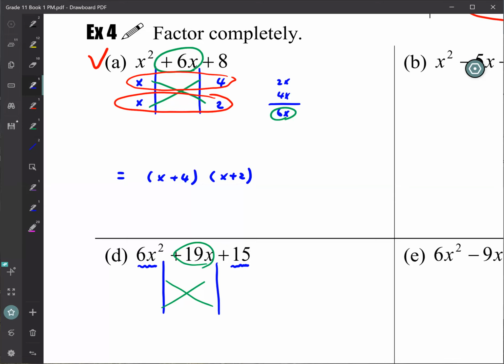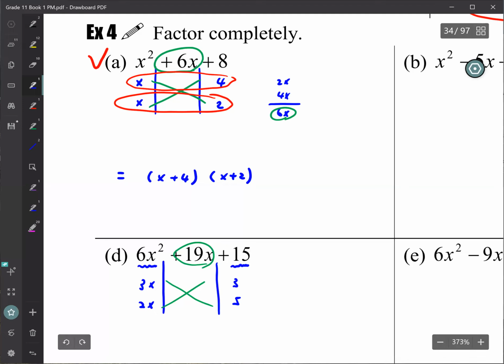Okay, Jiawen, what do you use for 6x squared? 3x and 2x. Okay, 3x, 2x, all right. And Chris, what do you use for the 15? 3 and 5. Okay, so let's see if it works.